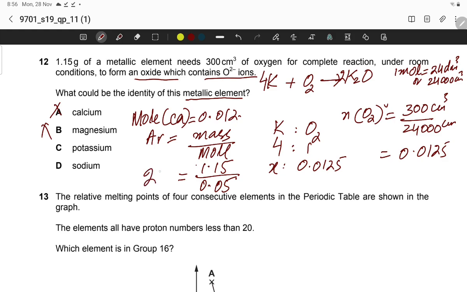It means this is sodium. So potassium is also incorrect because the Ar is equal to 23. So this is correct. So this is how to calculate this question.